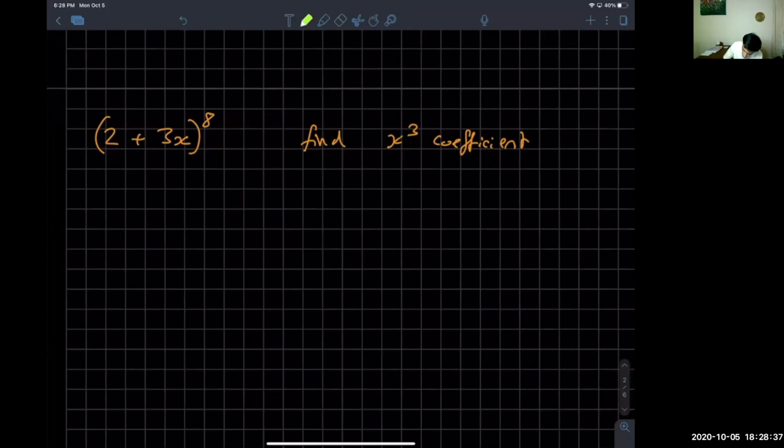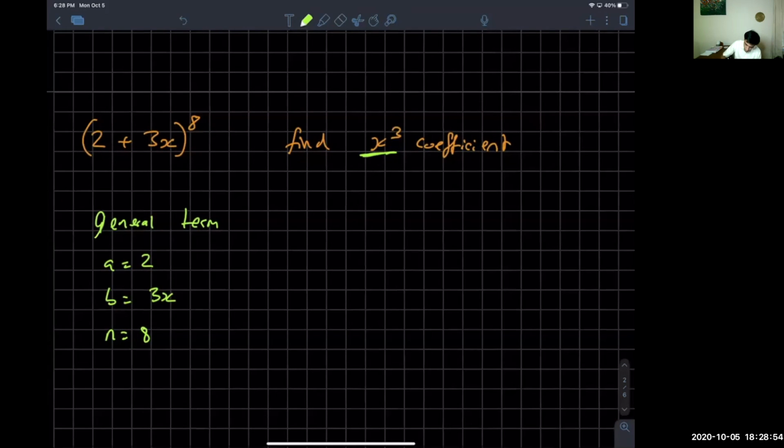Here we're looking for the coefficient of x cubed. The general term for this will have a equal to 2, b equal to 3x, and n equal to 8. Looking at the formula, T_{r+1} is equal to 8 choose r, multiplied by a, which is 2, to the power 8 minus r, times 3x, which is b, to the power r.